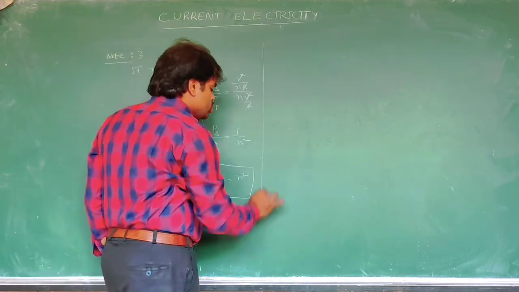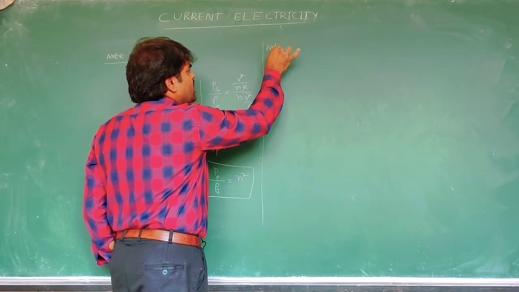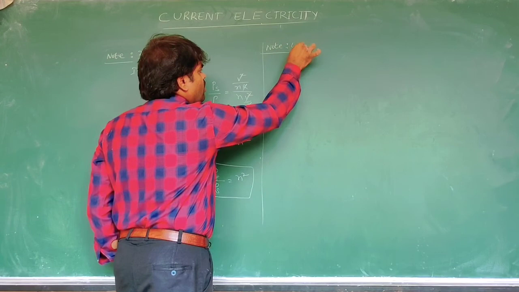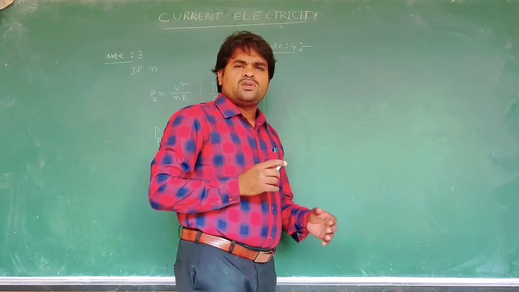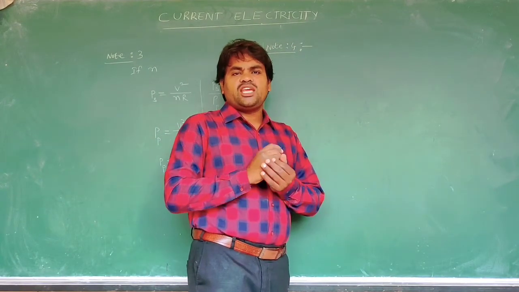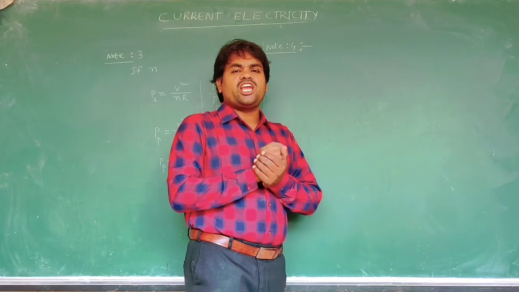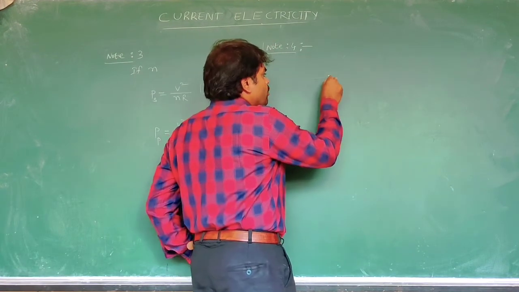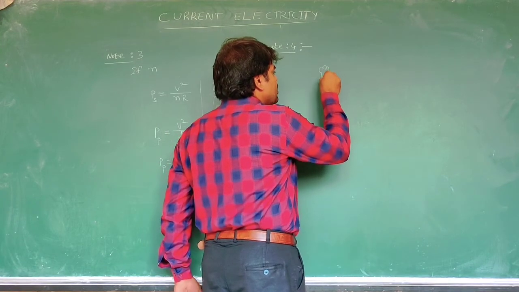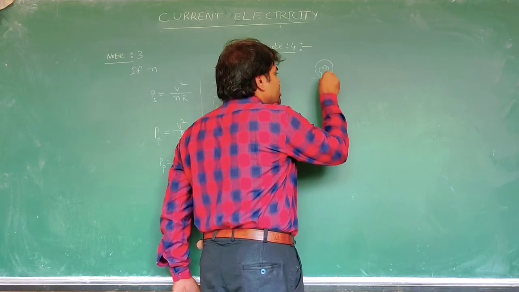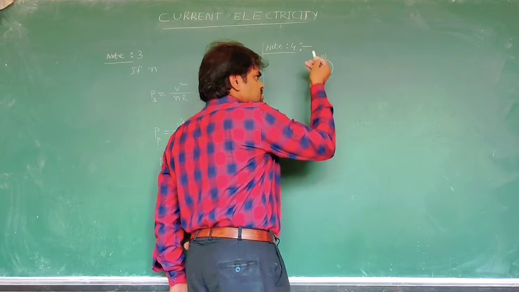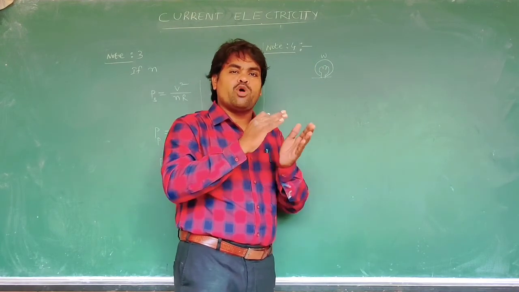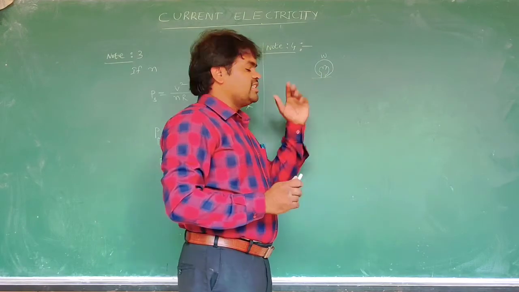Now, going to the fourth note, which is very important: the resistance of the given electrical appliance is constant. Why? Because in bulbs we can see that the wattage, that means the power consumption of the bulb, is clearly mentioned, in terms of 100 watts, 60 watts, like that.